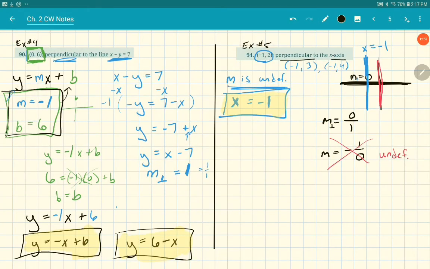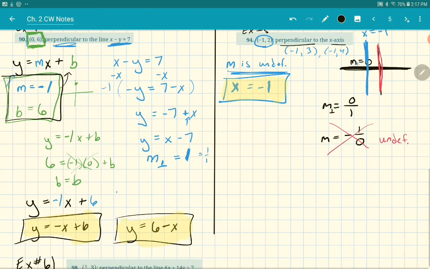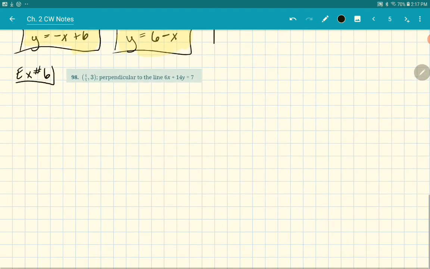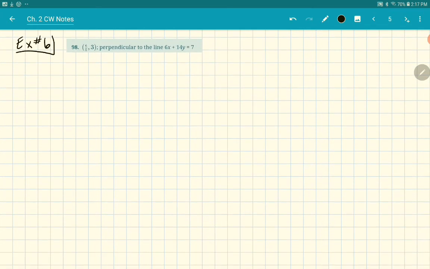Okay, so in these two examples, in example 4, this b was pretty much given in our point, and in example 5, our slope was given in the fact that it's a vertical line. So let's do one more example where the slope and the intercept take a little more math. Let's do number 98.